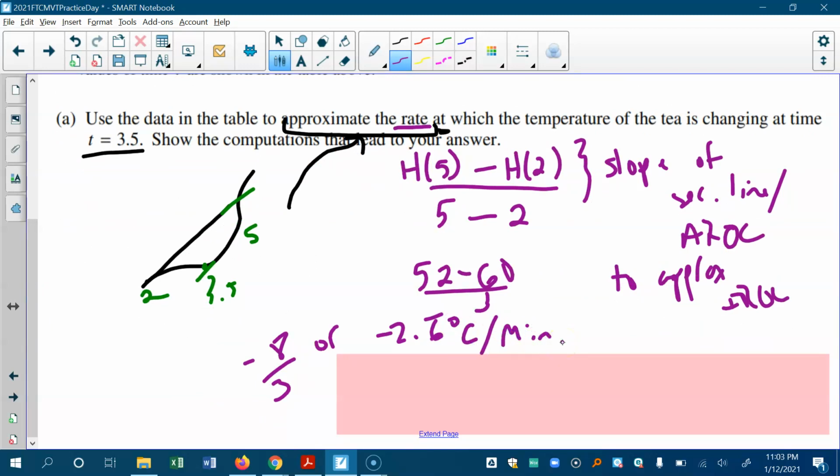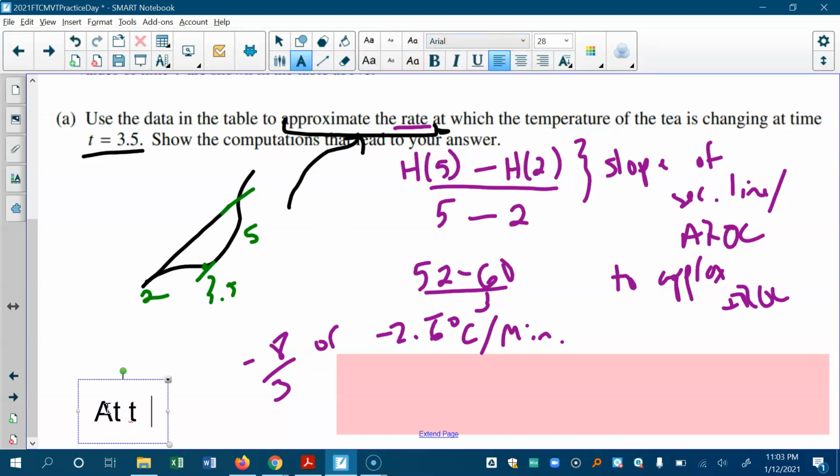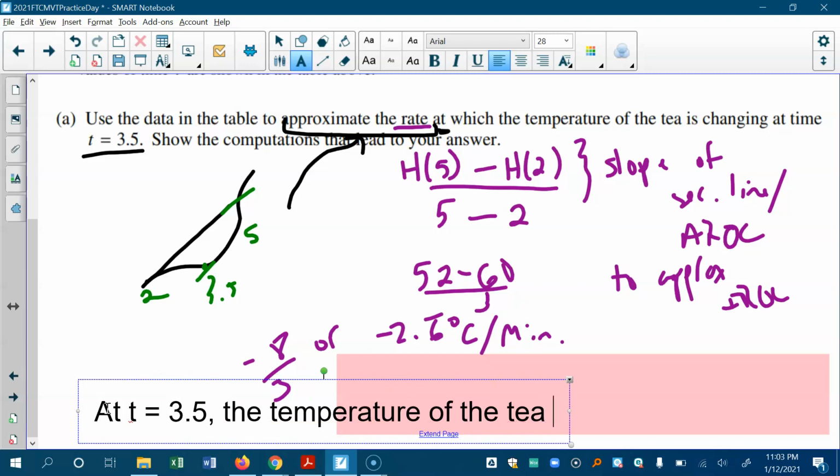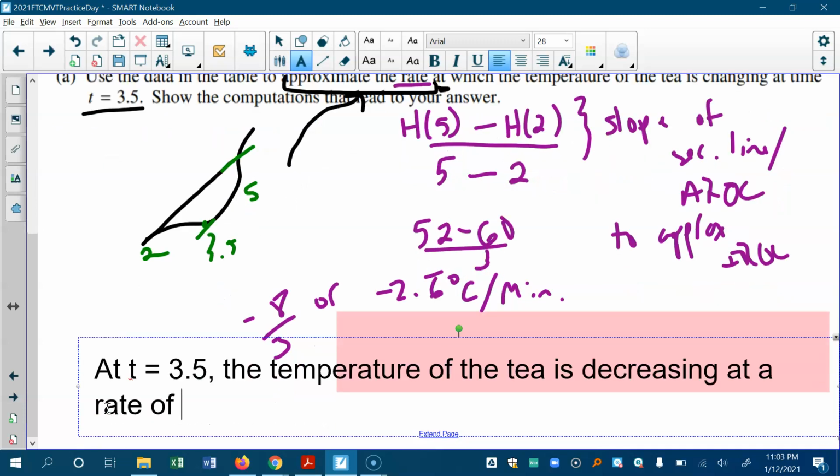If they wanted an explanation as to what this actually meant, we would say that at t equals 3.5, the temperature of the tea is decreasing, because we have a negative rate, at a rate of 2.6 degrees Celsius per minute.